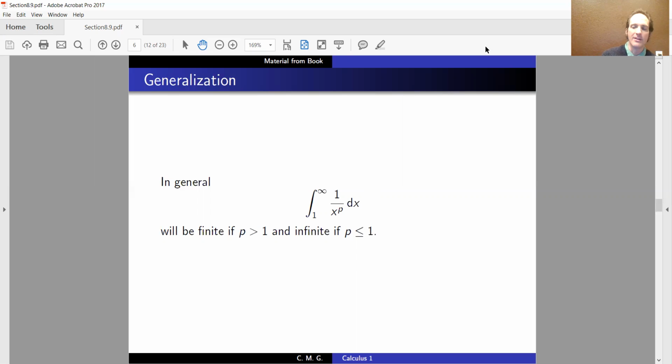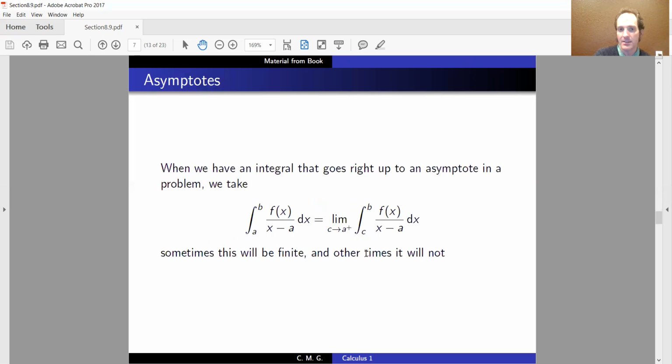If it has a denominator, the limit as x goes to infinity will be 0, so that will give us a finite limit in the end. If it has a numerator, that power of x will go to infinity as x goes to infinity. So if I have a big enough power on the bottom, it's finite, and if a small power on the bottom, it's going to be infinite.